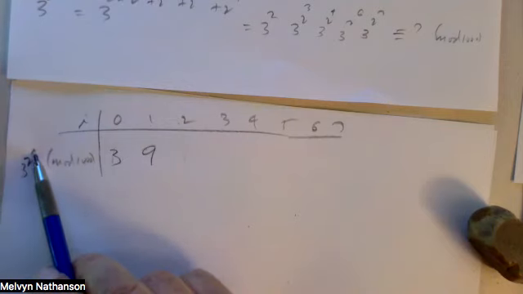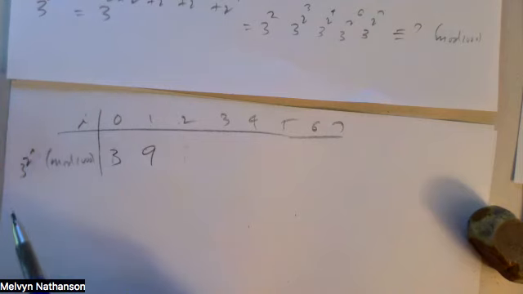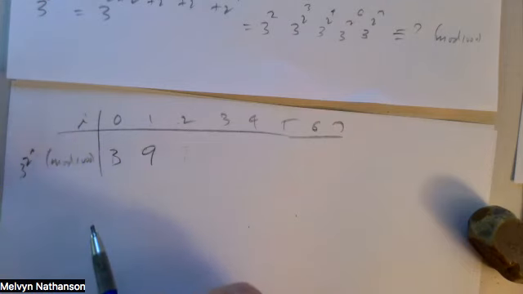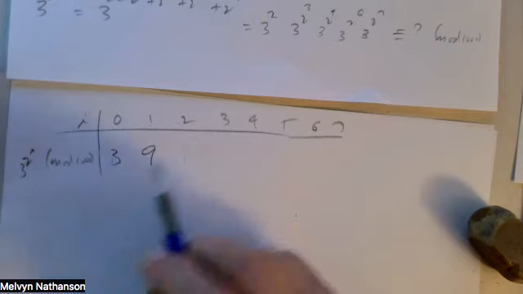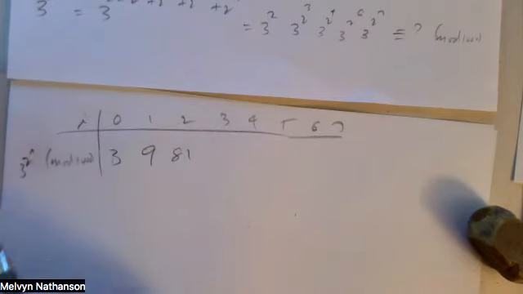When I is 2, this is 3 to the 4th power. You just do 3, 9, 27, 81. What about I equal 3? When I is 3, 3 to the 2 cubed is 3 to the 2 squared squared. 3 to the 2 squared is 81 squared.